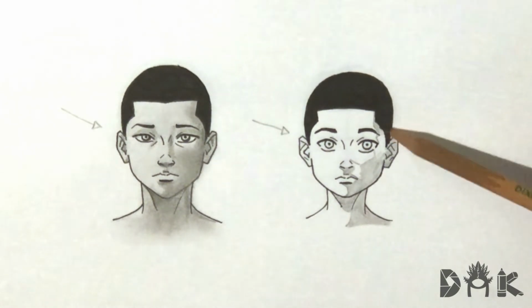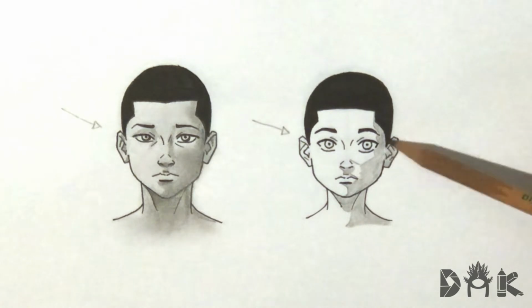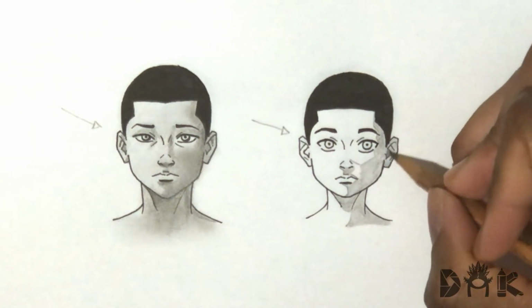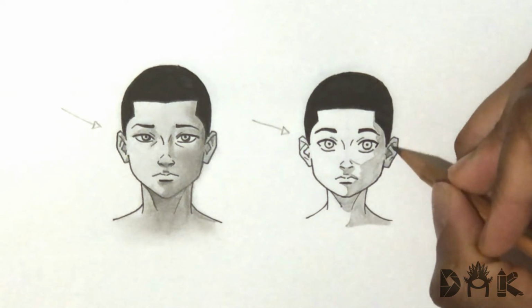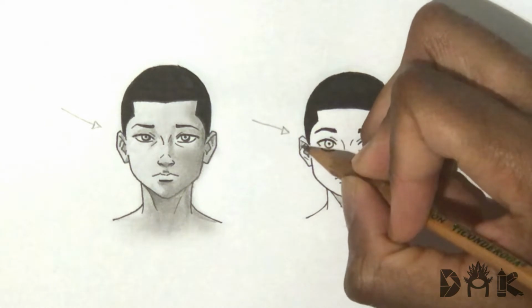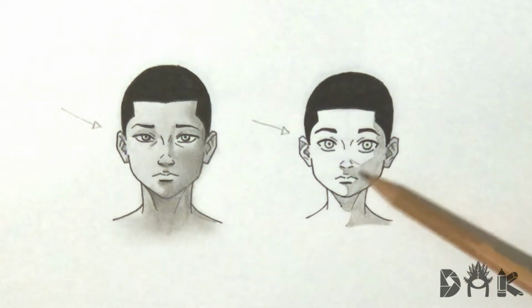Alright, go up here and start shading it in again. Then we go in here and shade this in a little darker to show the shadow in the ears. And just go over here and do the same thing. Alright, now let me just finish up this.